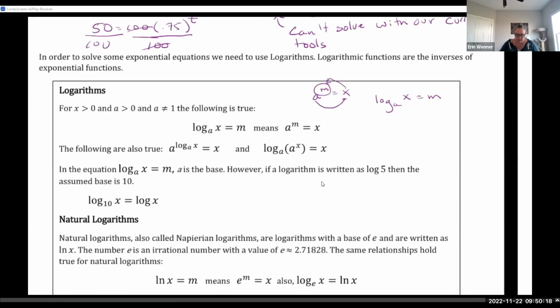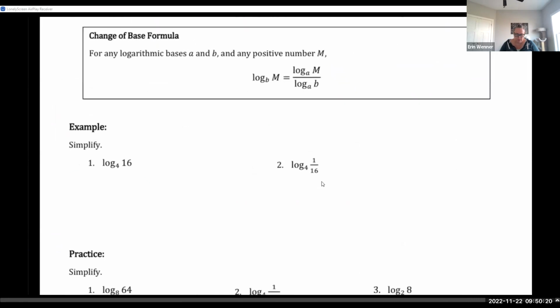If we go to the next page, we have a change of base formula, because your calculator is going to assume it's base 10 for the most part. There are some new calculators where you press the log button and it asks you for the base and the exponent. But overall, your calculator is going to assume log base 10.